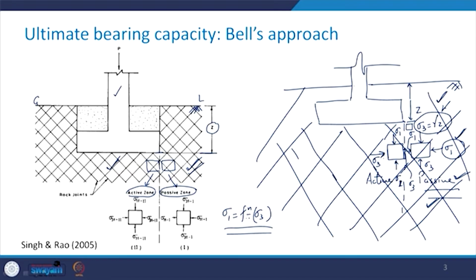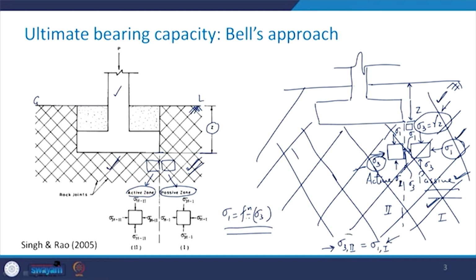So this sigma 3 of the active zone now would be known. Let us say this is zone 1 and this is zone 2. Sigma 3 of zone 2 will become equal to sigma 1 of zone 1, which we have already obtained, therefore we know this.